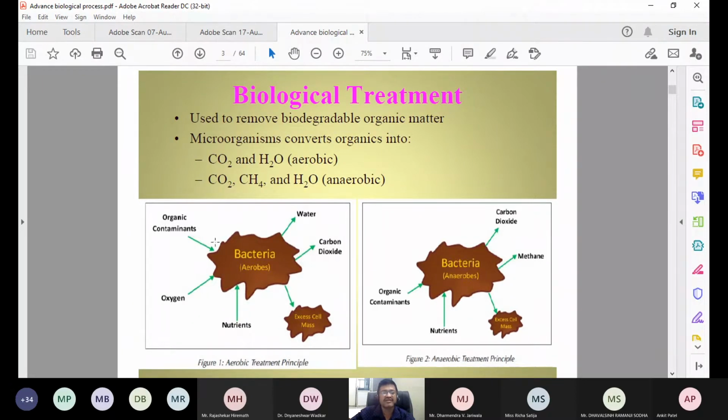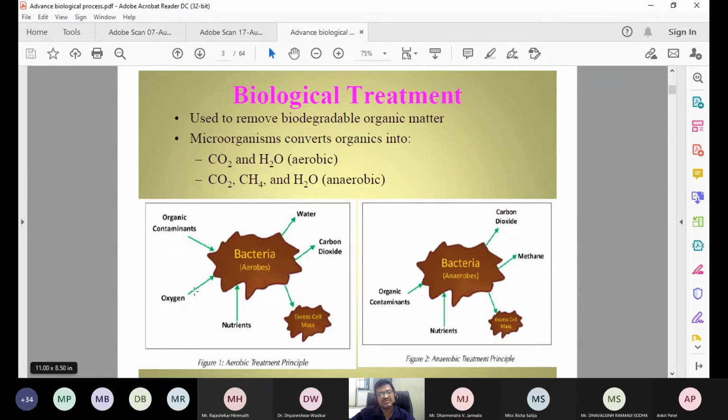So where are they getting organic matter from? From the waste. In the waste, the organic matter is there. So the bacteria take that organic matter. They utilize oxygen because all respiration reactions happen in the presence of oxygen.